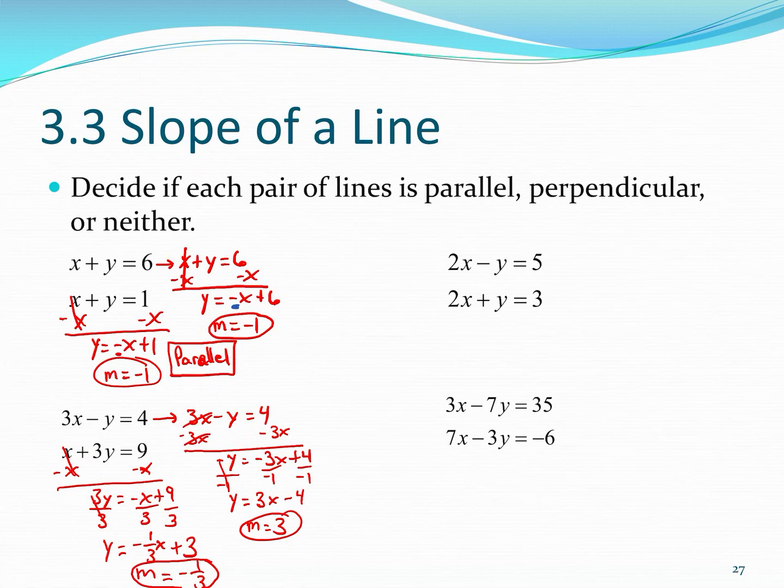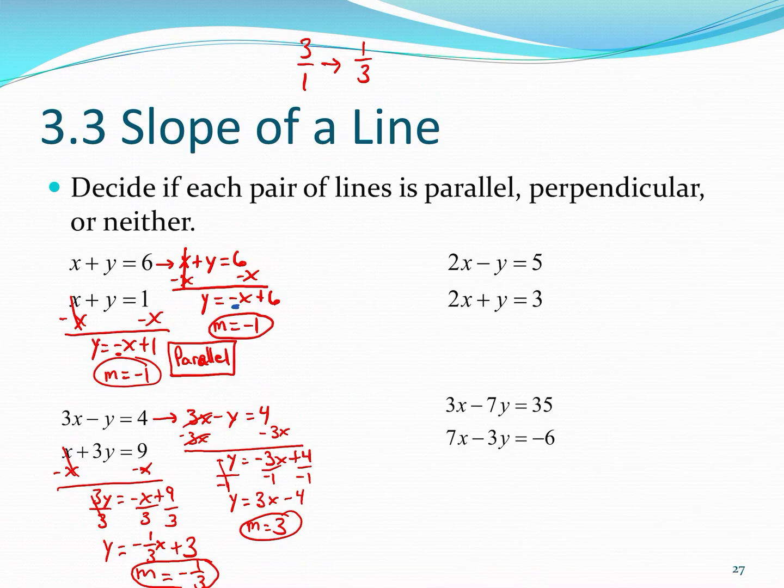And so our question is, are these lines parallel, perpendicular, or neither? Well, they're not parallel because they're not the same. In this case, they are perpendicular because they are opposite reciprocal slopes. So the reciprocal of 3, if you think about 3 as a fraction, is 3 over 1.